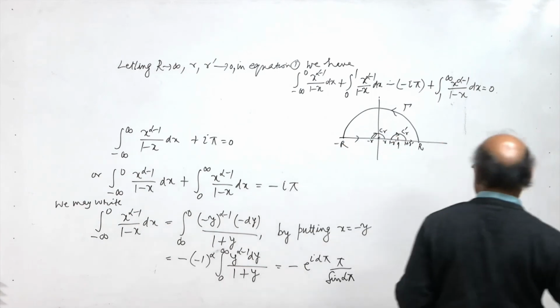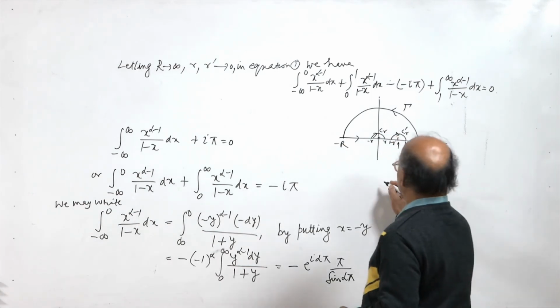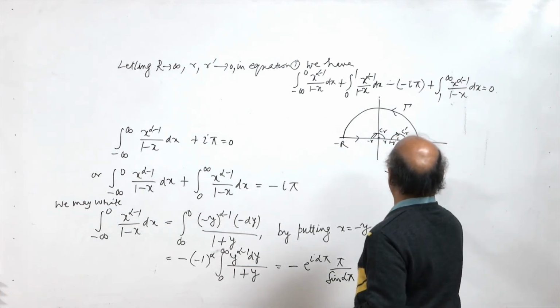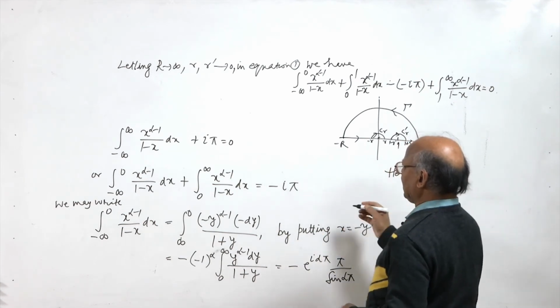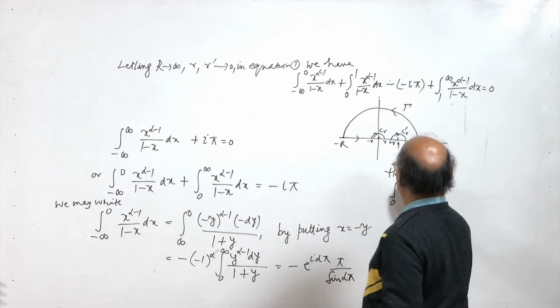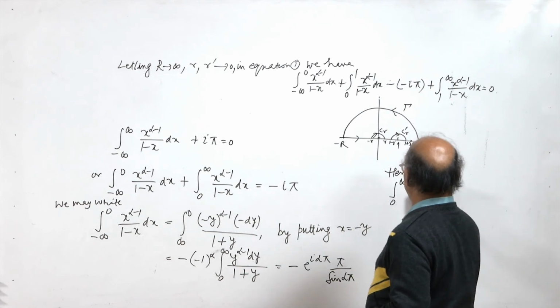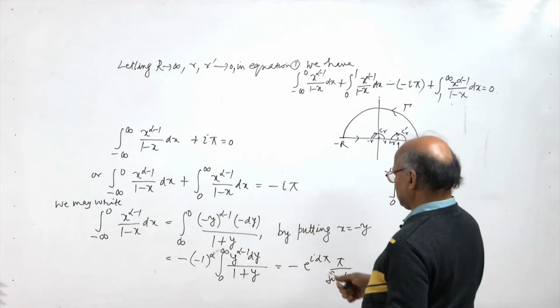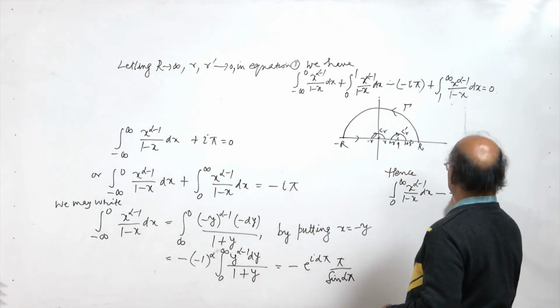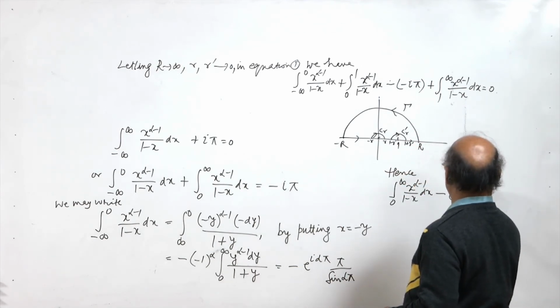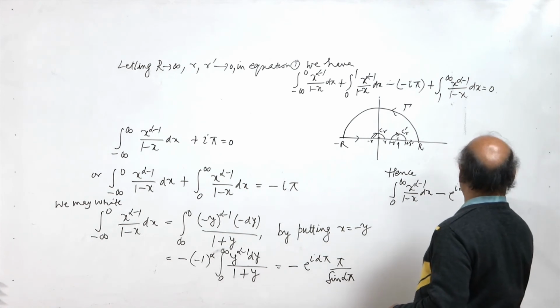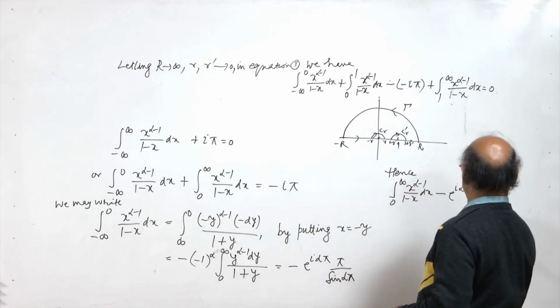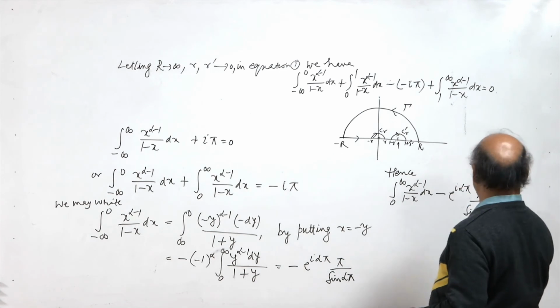So, we will then have integral over 0 to infinity of x to the power alpha minus 1 upon 1 minus x dx, and then let us put the value of the integral. So, minus e to the power I alpha pi into pi upon sin alpha pi equal to minus I pi.